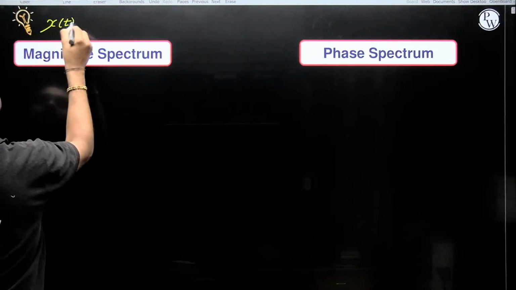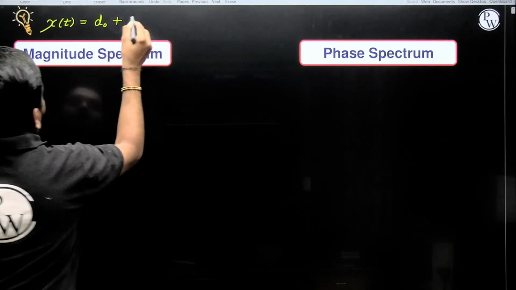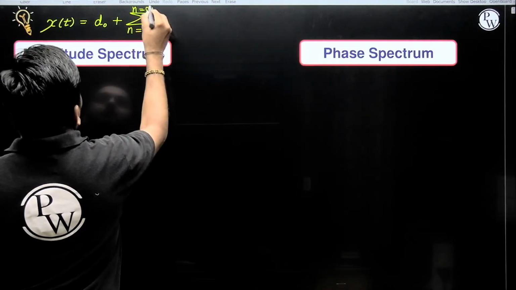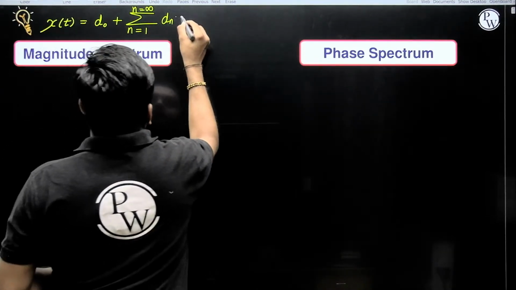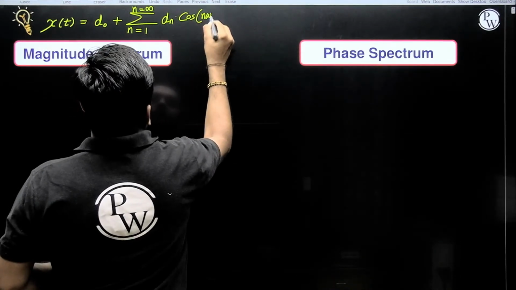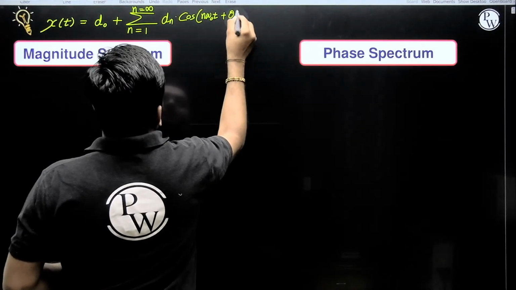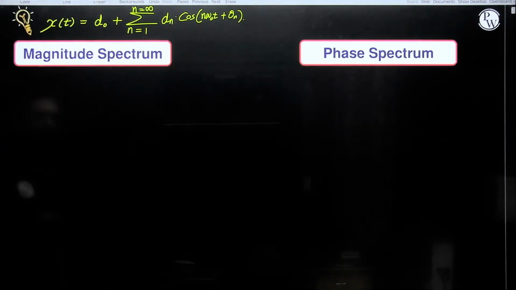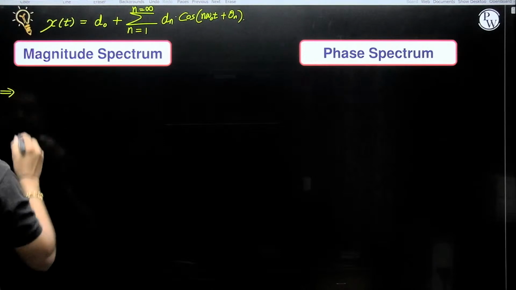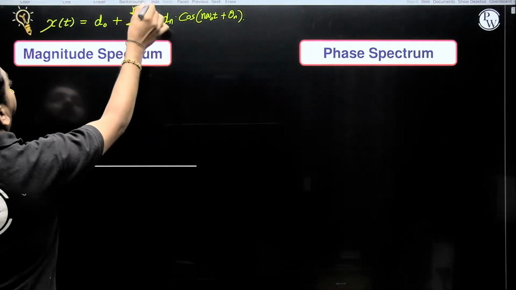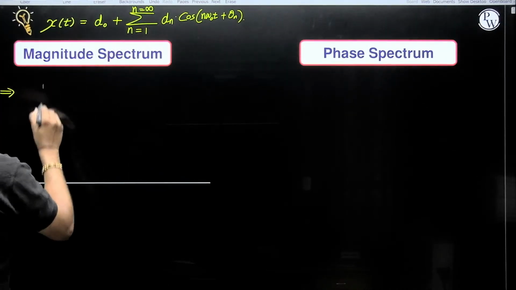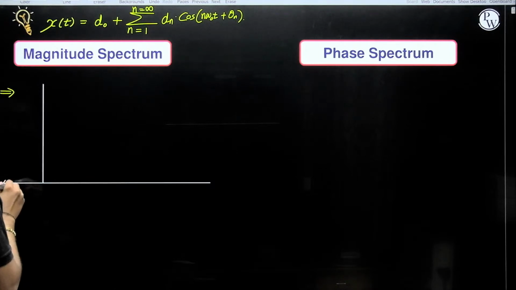This form is the summation of dn cos of n omega 0 t plus theta n. If you draw the magnitude spectrum, it will be one-sided only, because n starts from 1 to infinity.